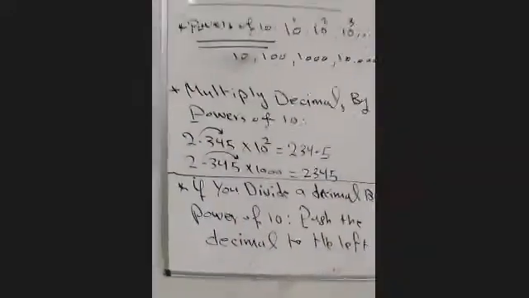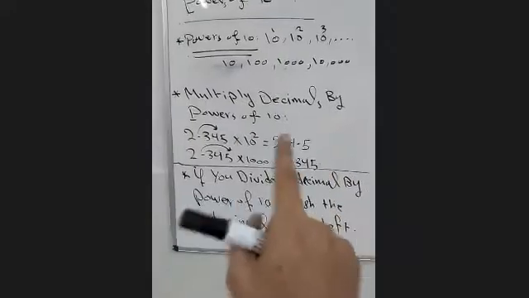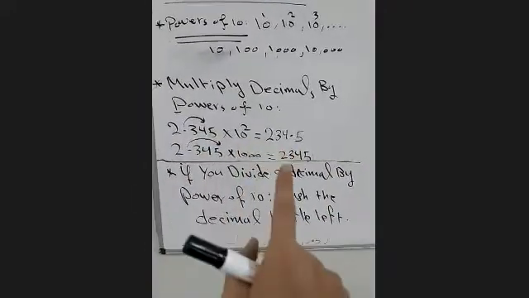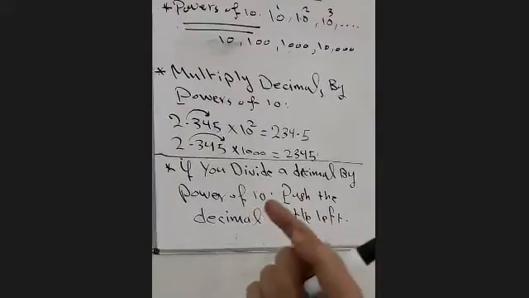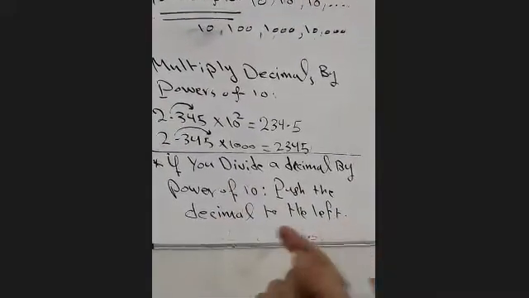Okay? So in multiplication by powers of 10, we go to the right. But in division, we go to the left, not to the right, to the left.